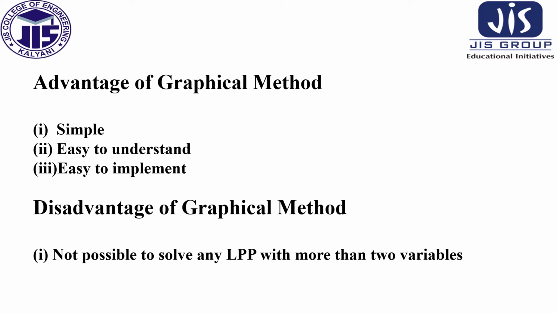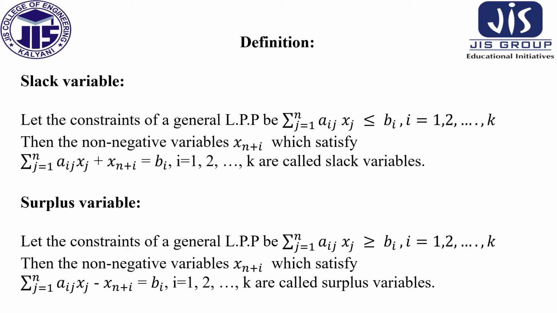Any LPP formulated with two decision variables we can solve using the graphical method, but LPP whose decision variables are more than two, we can't solve using the graphical method. For solving that type of LPP, we have to take advantage of the simplex method.